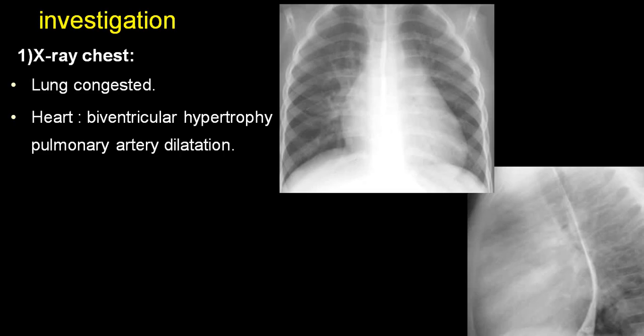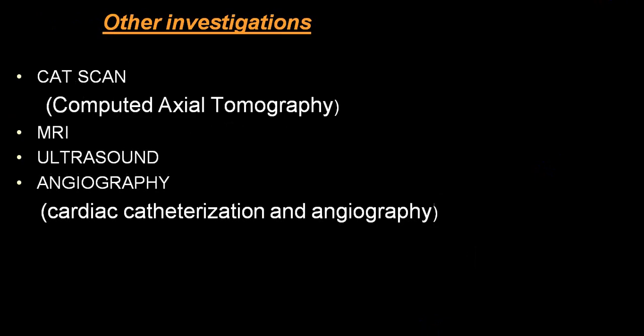So these are X-ray changes. You can see a big LV. This is LV on barium. So you can demonstrate LV plus LA also. LA can also produce indentation on a barium. So try to identify that by doing a radiological study. CAT scan is usually not required unless you are planning for surgery.